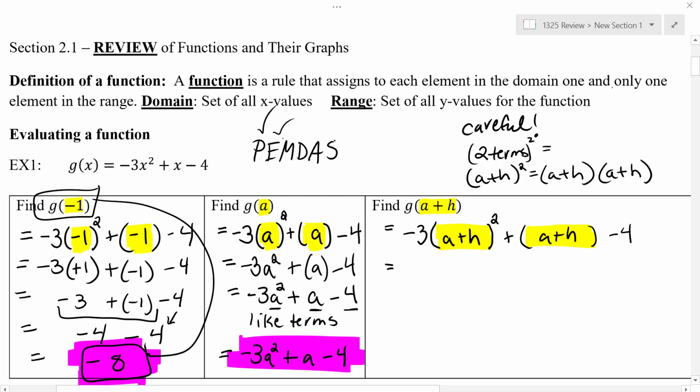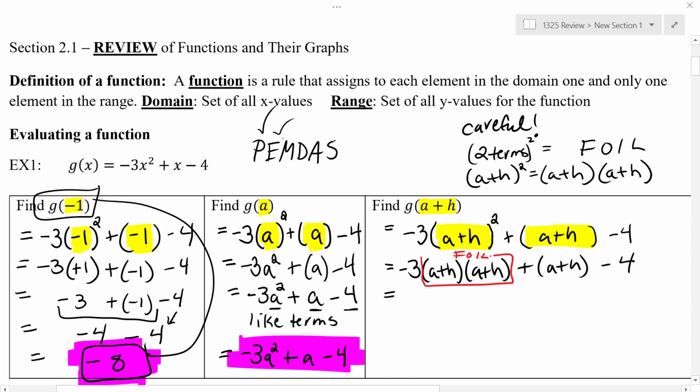So be really careful here when you are squaring a binomial or squaring something in the parentheses that has two terms. You have to actually write that out twice, and then we are going to FOIL. Okay, so I'm going to do that first step. A plus h squared is a plus h times itself. That's the first thing you do when you want to square something that has two terms inside of the parentheses. And now I am going to FOIL that.